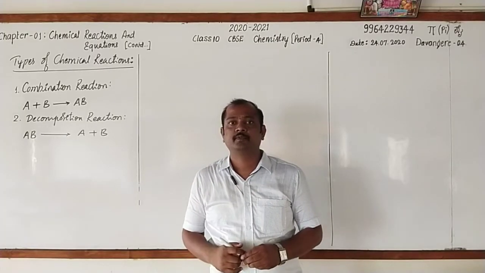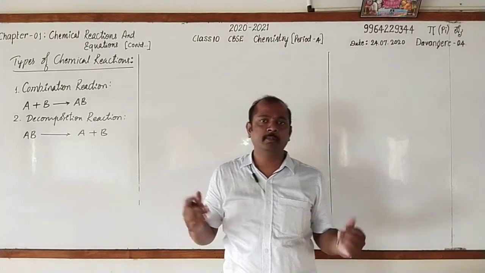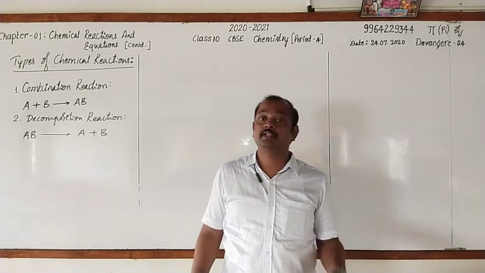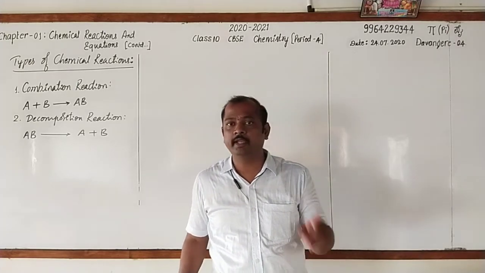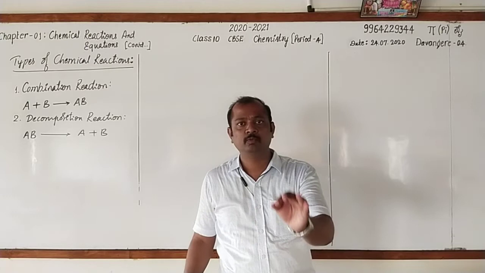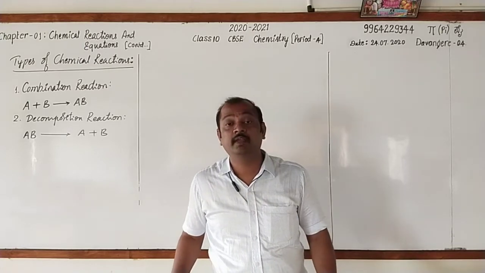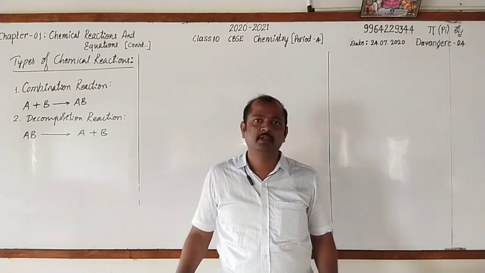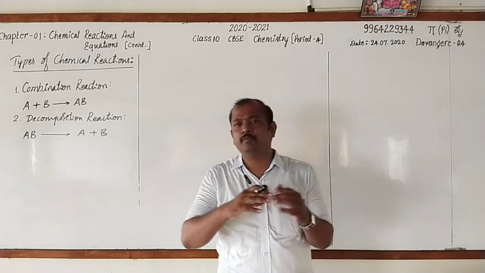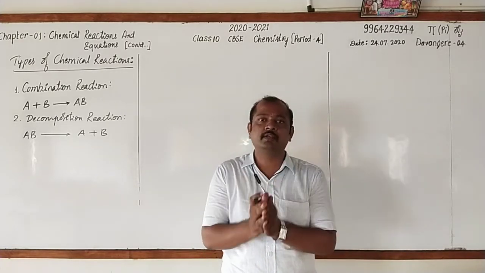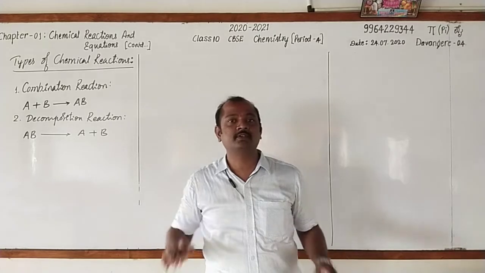Dear students, we are familiar with elements, many elements. As we know, there are 118 elements, but at present we know 115 elements. In that, some are chemically very reactive, some are moderately reactive, some are least reactive.